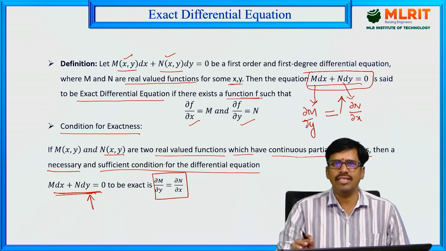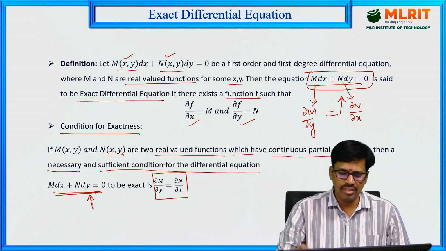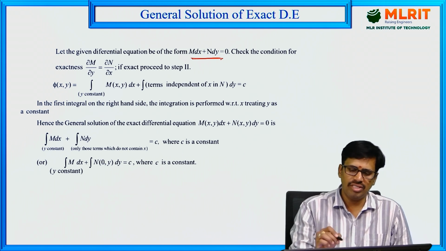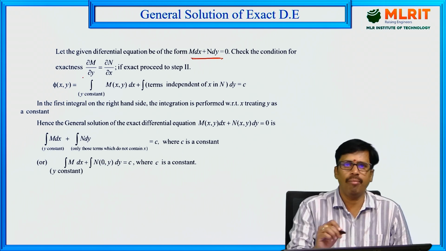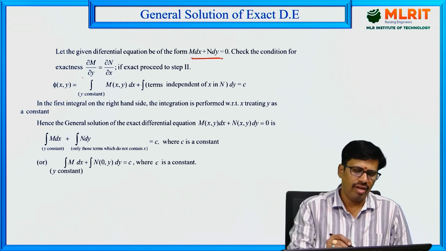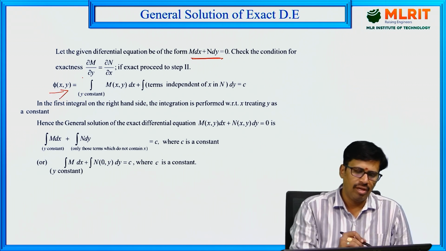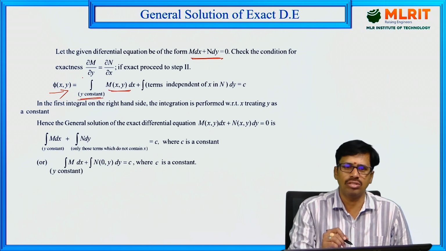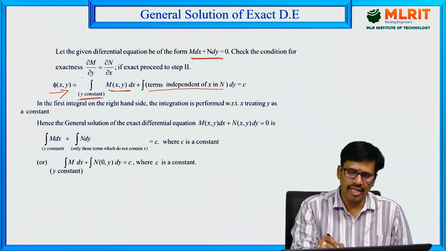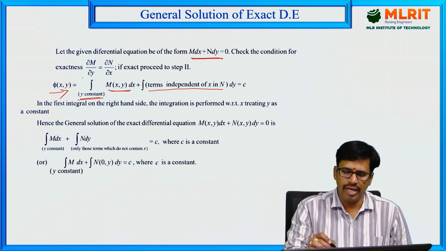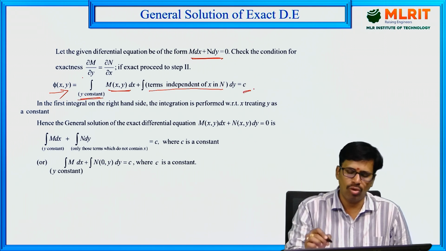Once it is exact, how to find the general solution? Once this differential equation is exact, that is dou M by dou y equal to dou N by dou x is satisfied, then we write the general solution as integration of M dx treating y as constant, plus integration of terms in N which are independent of x, meaning free from x, into dy, equal to some constant c.